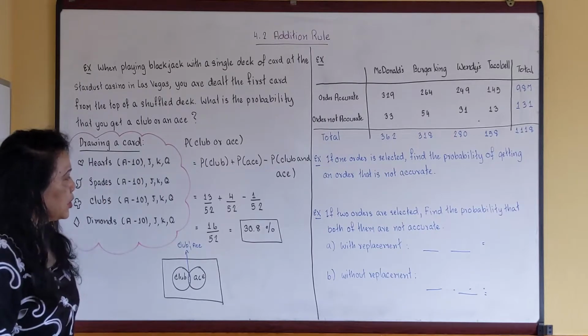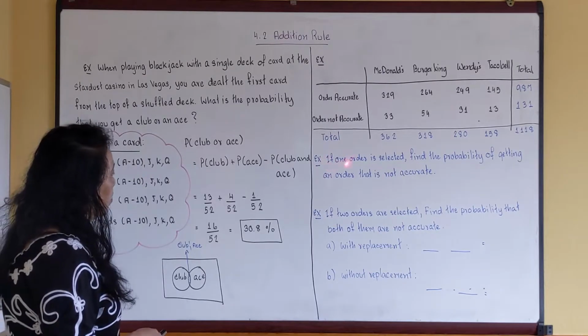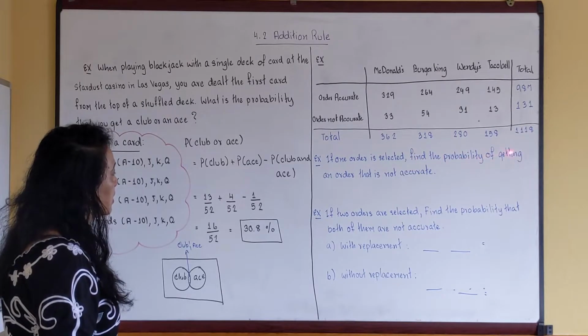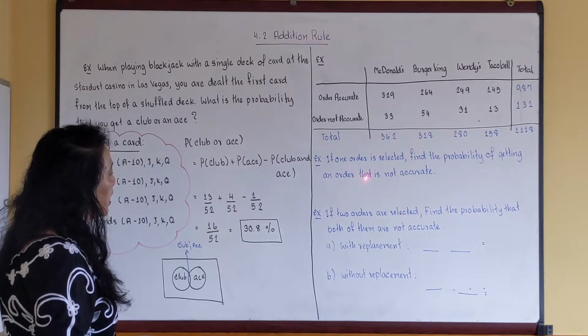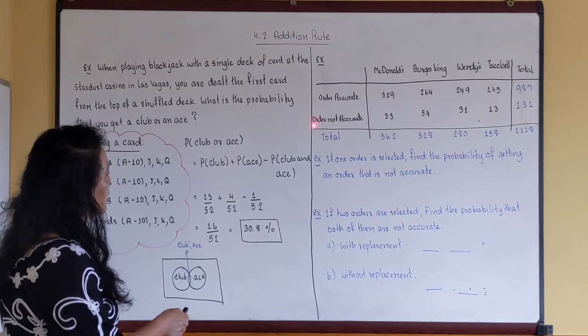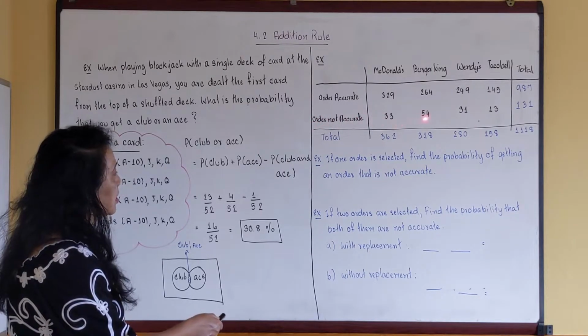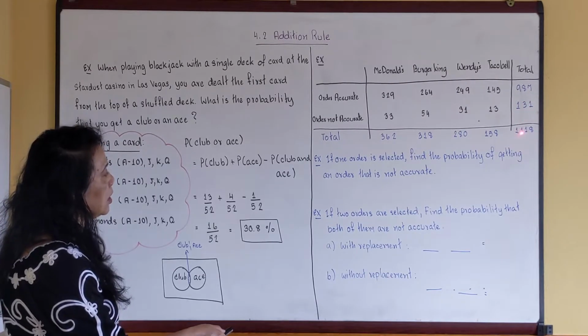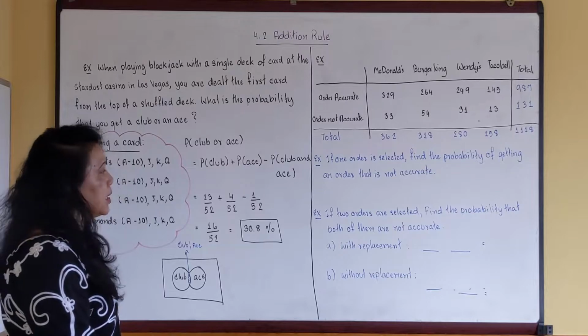Now the first question is, if one order is selected, find the probability of getting an order that is not accurate. So we look at not accurate. It's over here. So it's going to be 131 over 1,118.